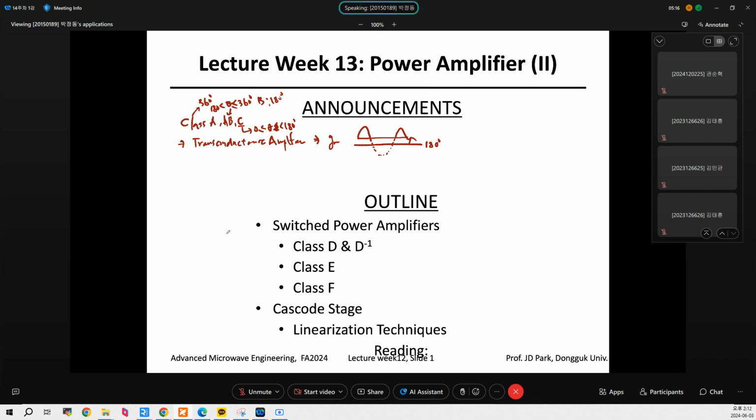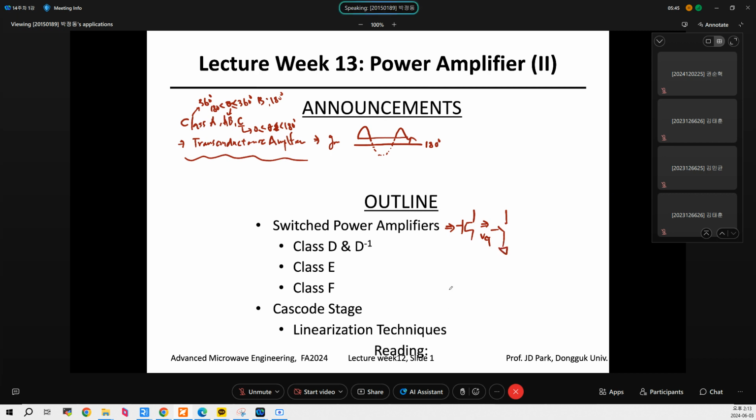Okay, so today what we're gonna talk about is the switched power amplifier, which is totally different from those transconductance amplifiers. Switched power amplifier utilizes a device as a switch, which is just controlled by input voltage, gate voltage.